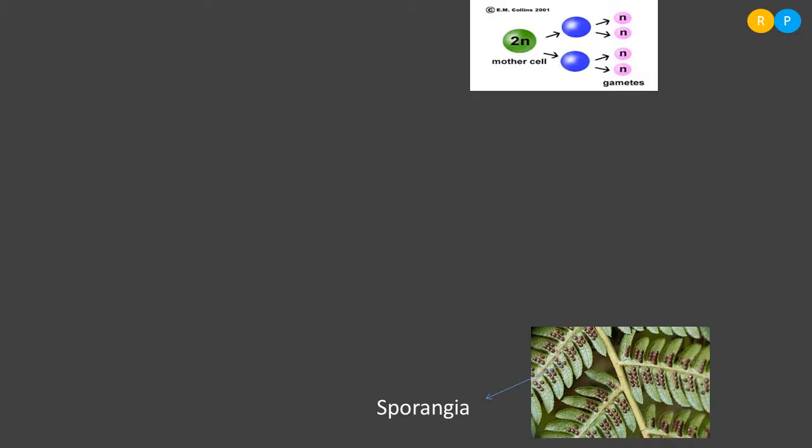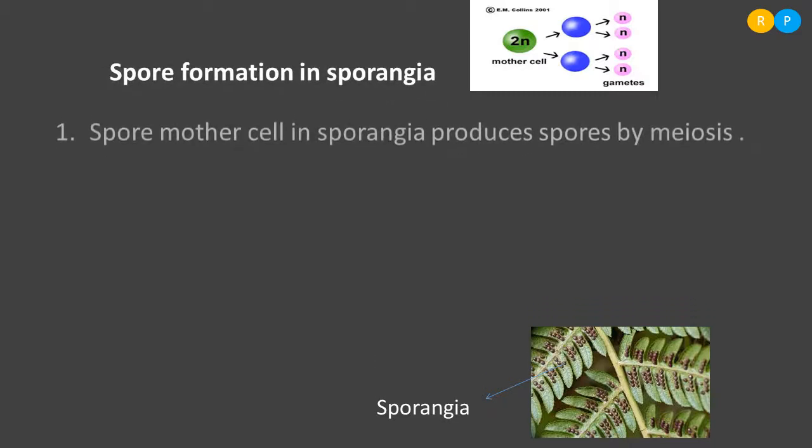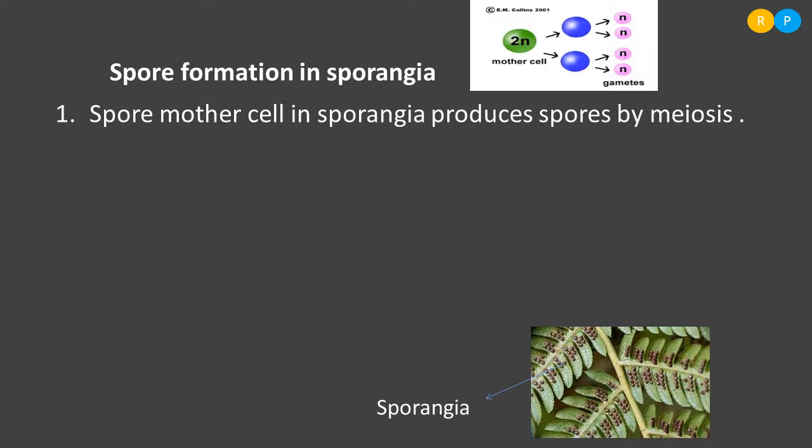Let us now understand what is there in the sporangia to form spores, how the spore formation actually takes place. The formation of spores takes place by spore mother cells. Understood? Spore mother cell is a diploid cell. You can notice in the schematic representation on the screen. Spore mother cell is a diploid cell because it consists of two sets of chromosomes.